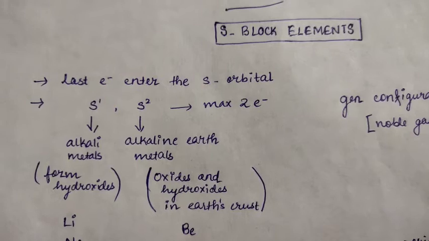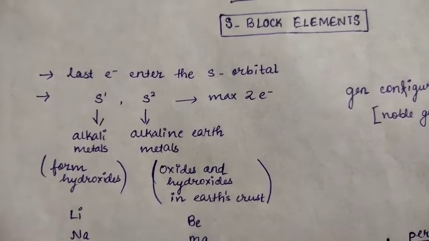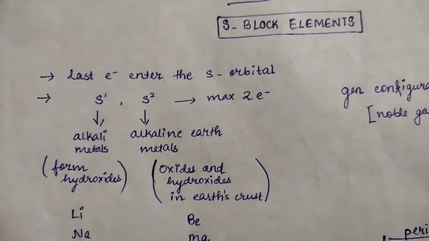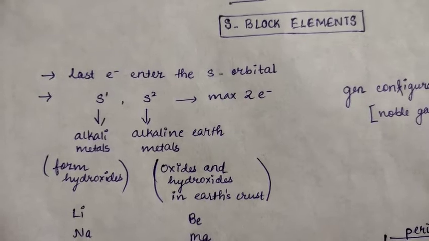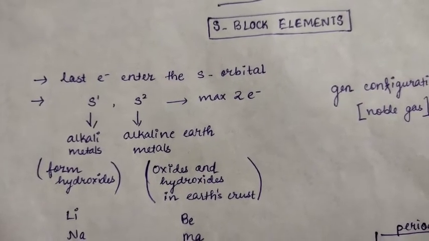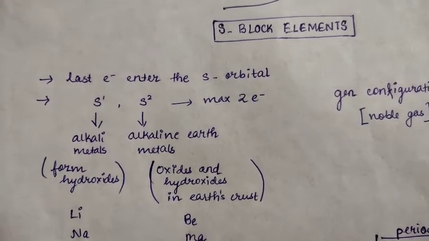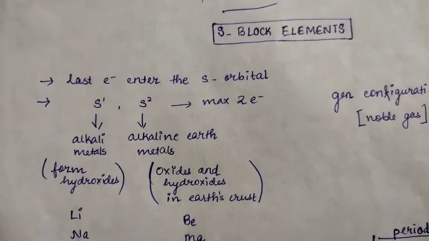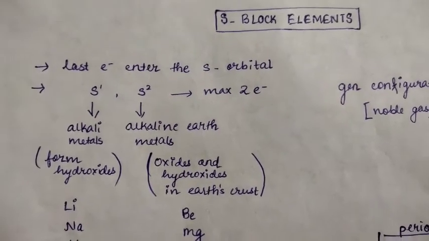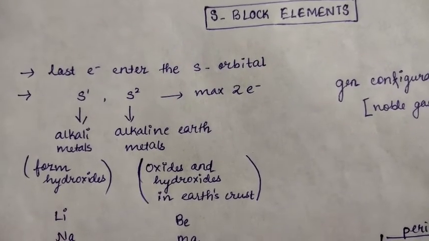As we go down the group, the shells will increase, and every time the electrons will enter the new shells. So for all those elements entering the S orbital, whether it be 1s, 2s, 3s, 4s, and so on, that part of the periodic table is called the S block elements. And for the S block we have alkali metals and alkaline earth metals.